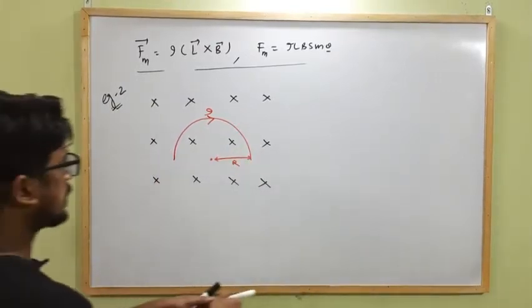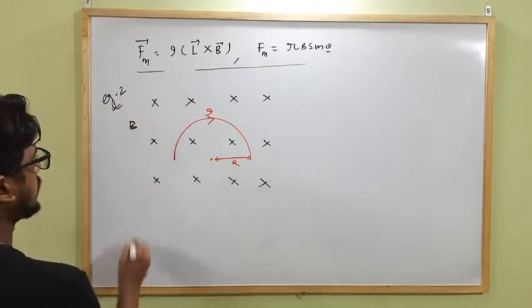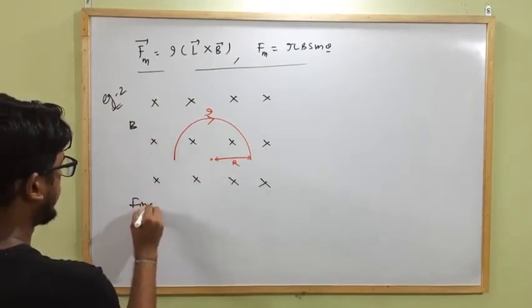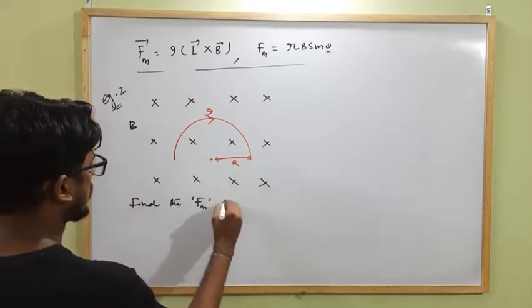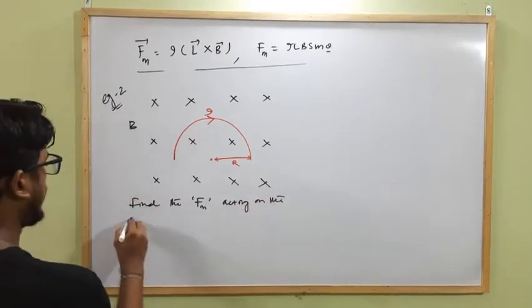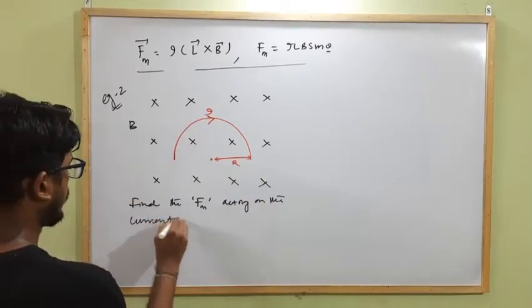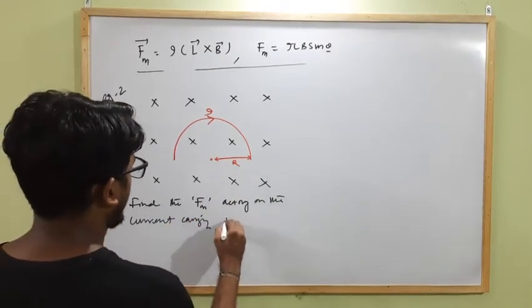And the magnetic field strength into the plane is B. Find the magnetic force acting on the current carrying wire.